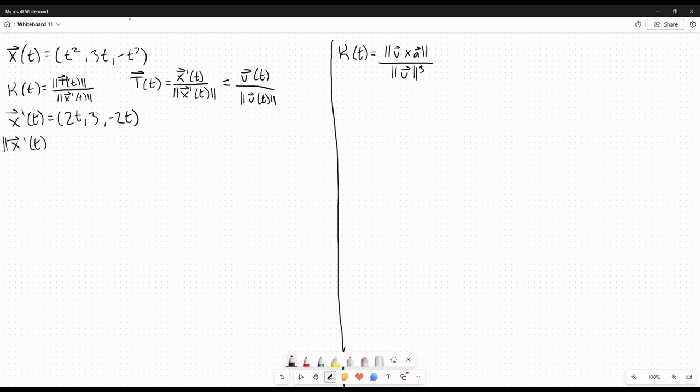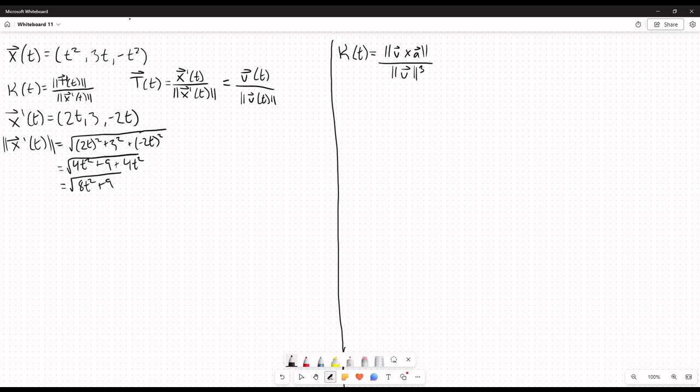or the norm of the derivative, it's not very pretty. We're going to have the square root of 2t squared plus 3 squared plus negative 2t squared, which is the square root of 4t squared plus 9 plus another 4t squared, which is the square root of 8t squared plus 9.